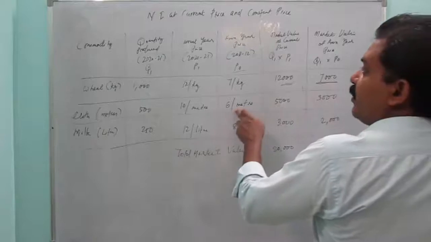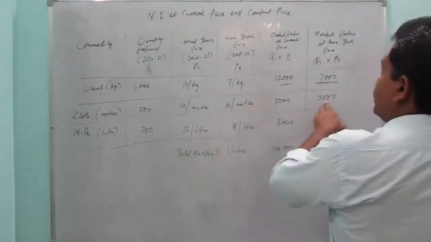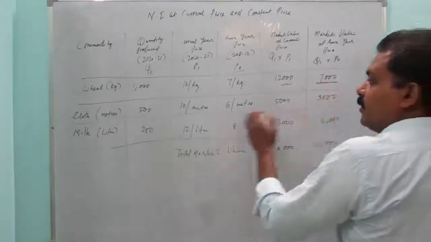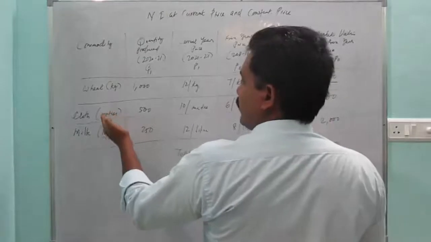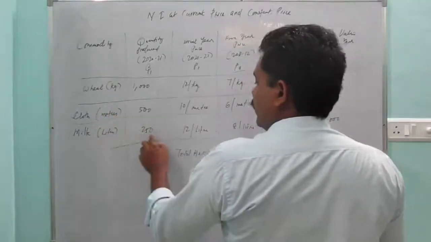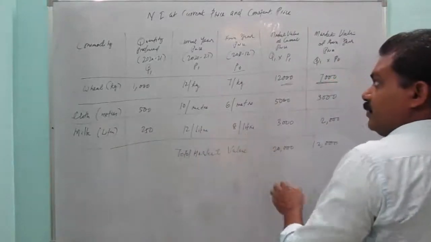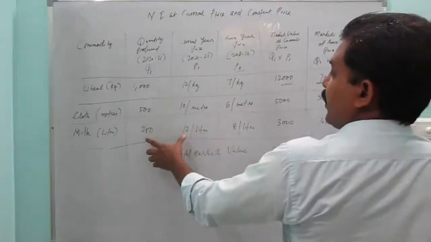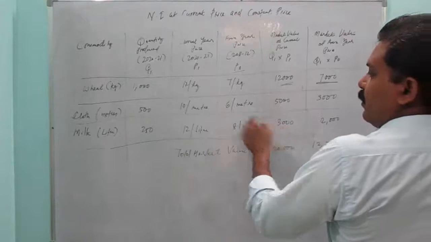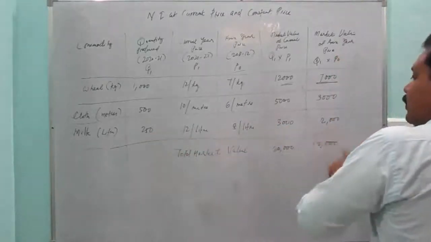With the constant price, that is base year price, it is 3,000 only. This is the original one, because there is no increase in the production of milk or cloth. Milk 250, 12 in current and base year 8. So at current price 250 into 12 is 3,000, and at base year price 250 into 8 is 2,000 only.